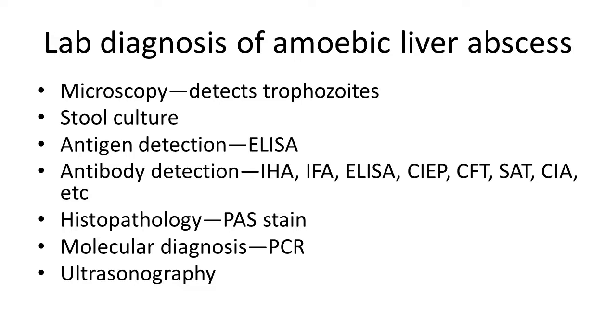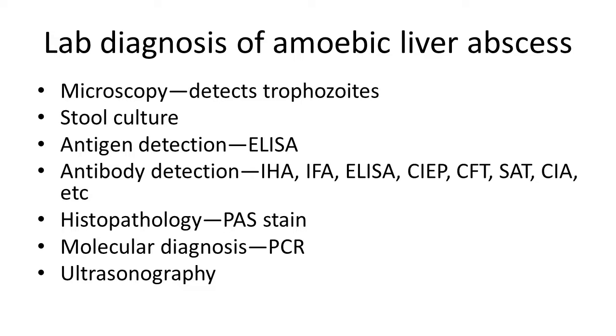Then we can go for stool culture. Why stool culture? Sometimes in amoebic liver abscess, a very rare amount of parasite may be shed with the stool sample. So when we culture it, we can identify it by this method also.